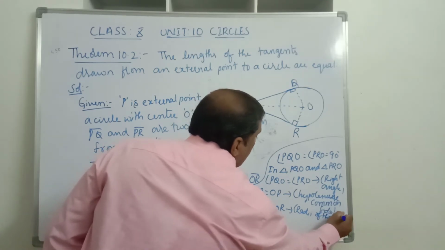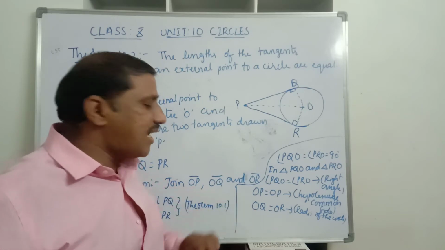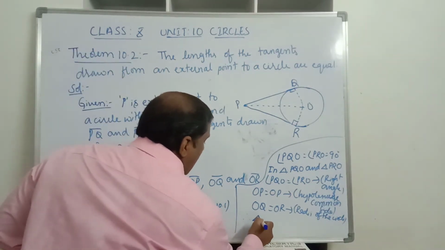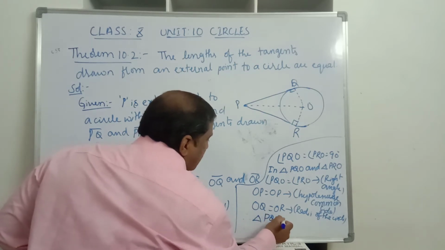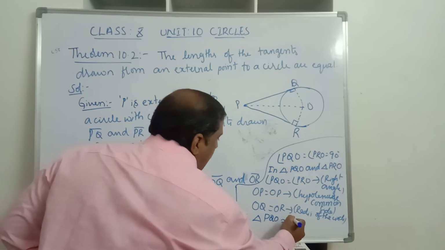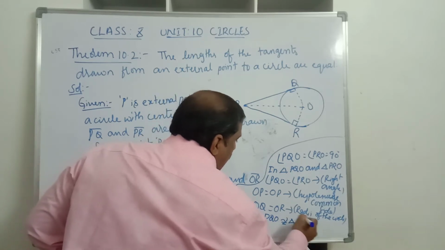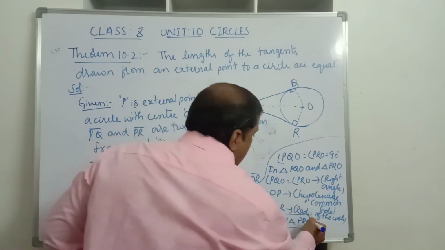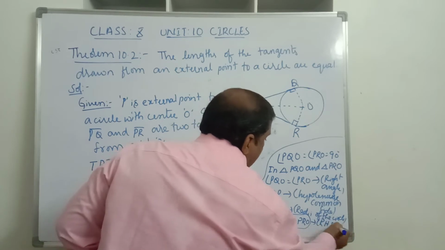So now what do we have? Right angle, hypotenuse and one side are equal. Therefore triangle PQO is congruent to triangle PRO. By which congruency property? RHS congruency.